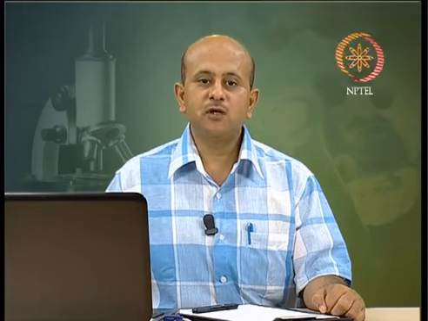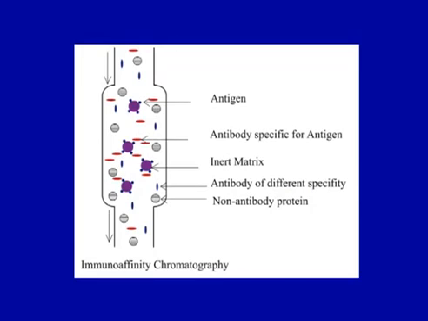If you see immunoaffinity chromatography, as you can see on your screen, there is an antigen immobilized onto the matrix material, the specific antibody will bind to it, and then antibody of different specificity could be brought in, and then they could be eluted, or by pH or other changes it could be eluted.